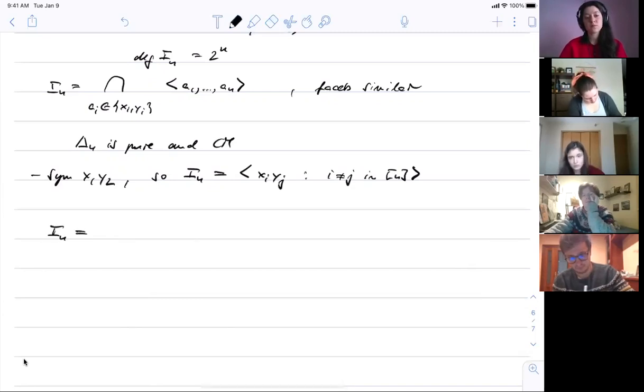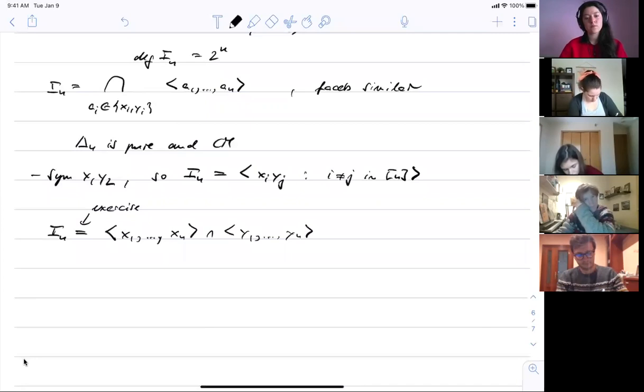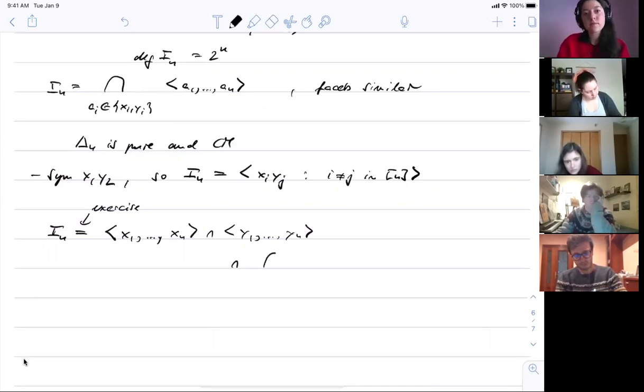Equivalently, I can write this as an intersection of ideals generated by variables. And again, I encourage you to check that this is the same as the intersection of the ideal generated by the variables x1 up to xn, the ideal generated by the variables y1 up to yn, and then you take the intersection with ideals generated by variables.